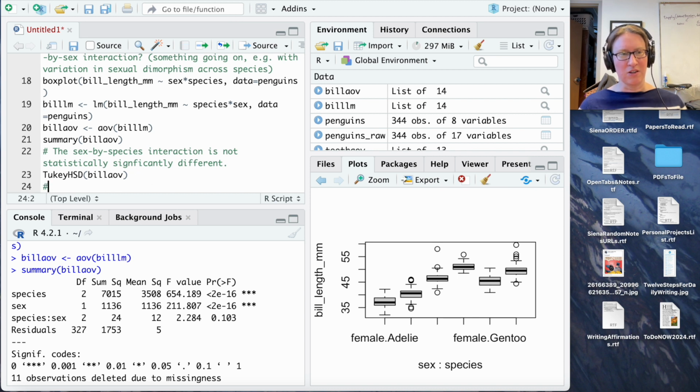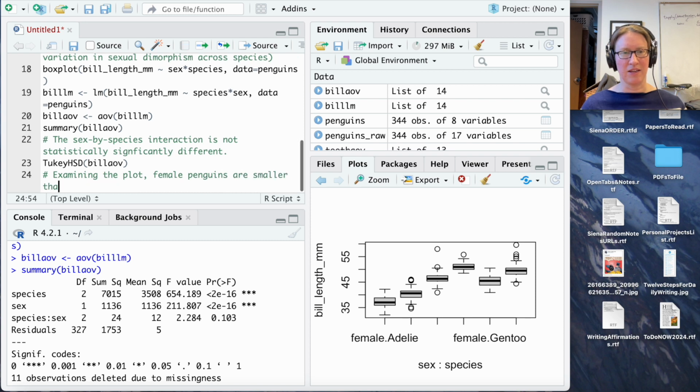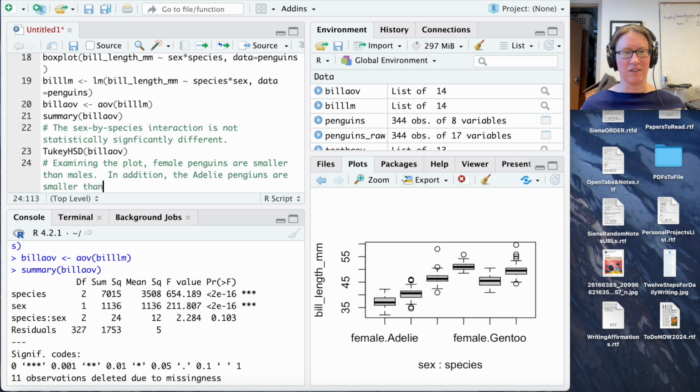So examining the plot, female penguins are smaller than males. In addition, the Adelie penguins are smaller than the other two species.